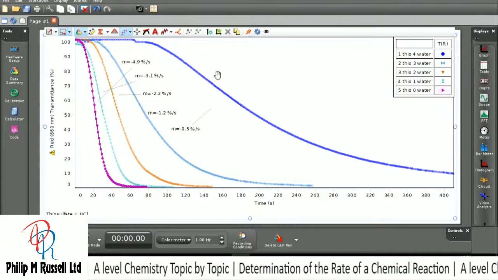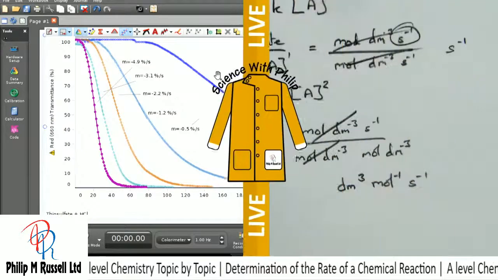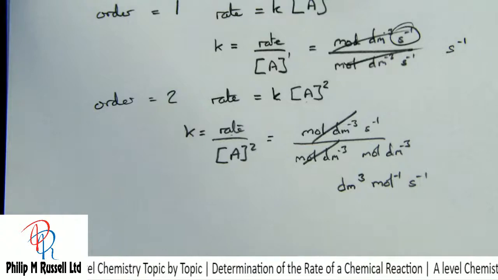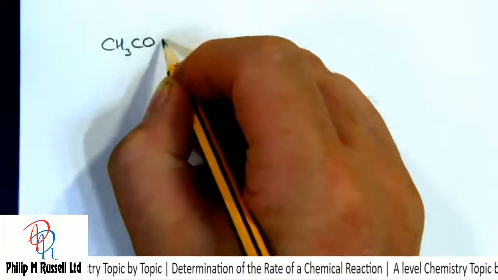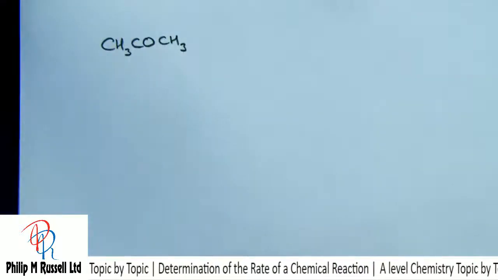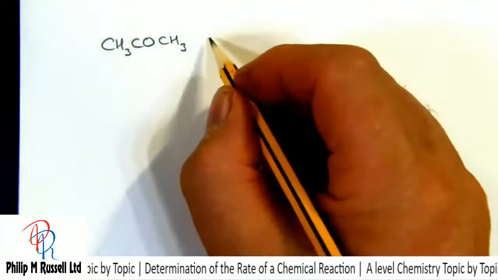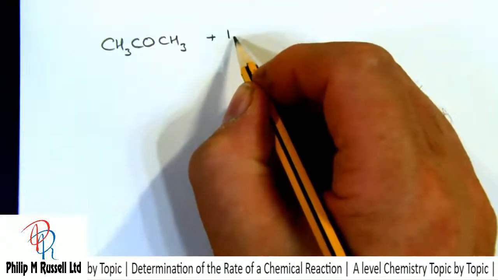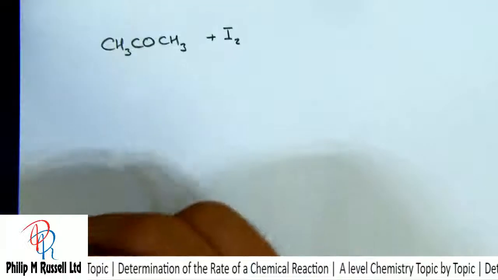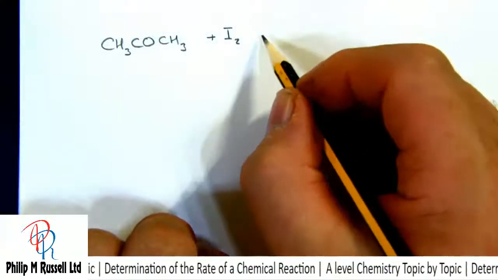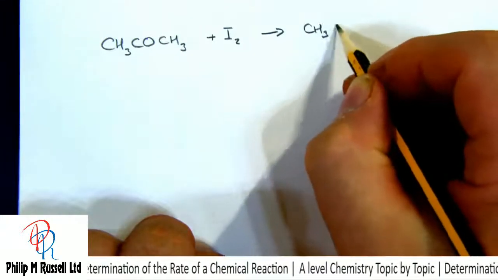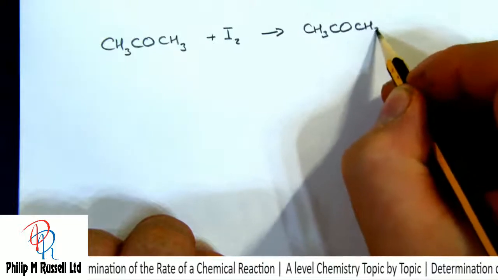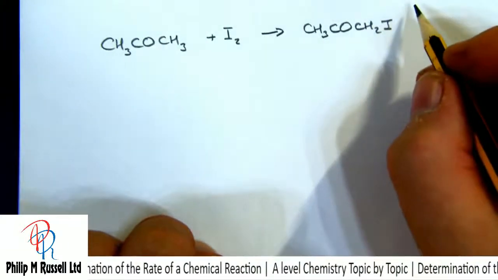Other times we might want to do this slightly differently, and what we might do, for instance, is if we take a particular reaction, one with a color change, so let's take something like propanone here, and if I react that with iodine, aqueous, this is going to give me my CH3COCH2I, which is now colourless.